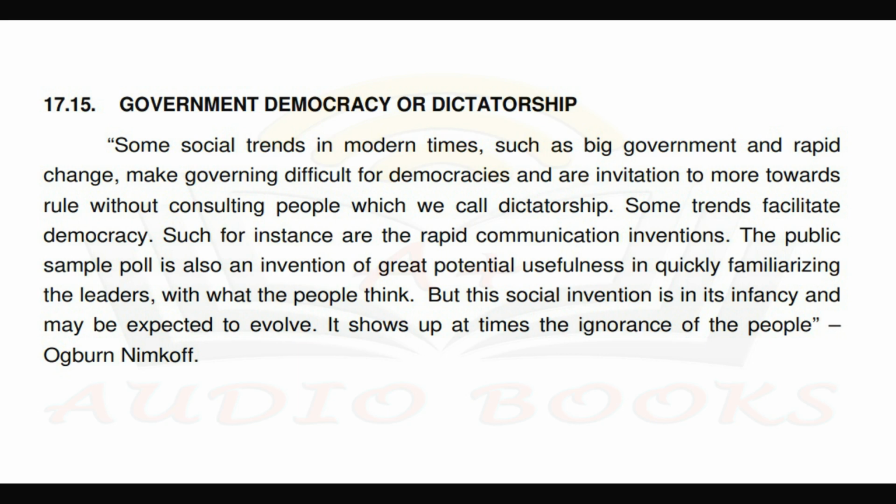Such, for instance, are the rapid communication inventions. The public sample poll is also an invention of great potential usefulness in quickly familiarizing the leaders with what the people think. But this social invention is in its infancy and may be expected to evolve. It shows up at times the ignorance of the people, say Ogburn and Nimkoff.